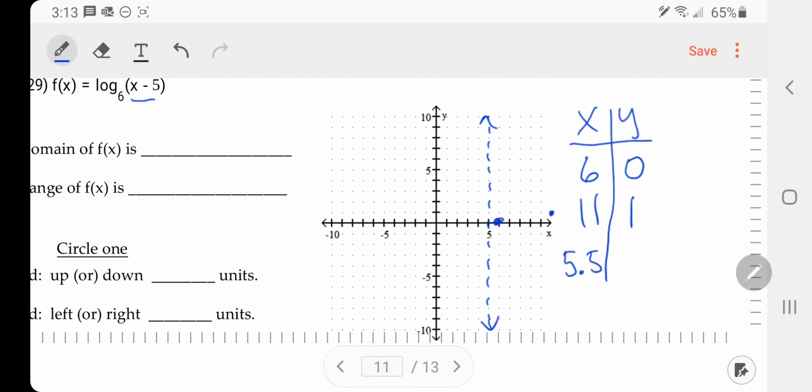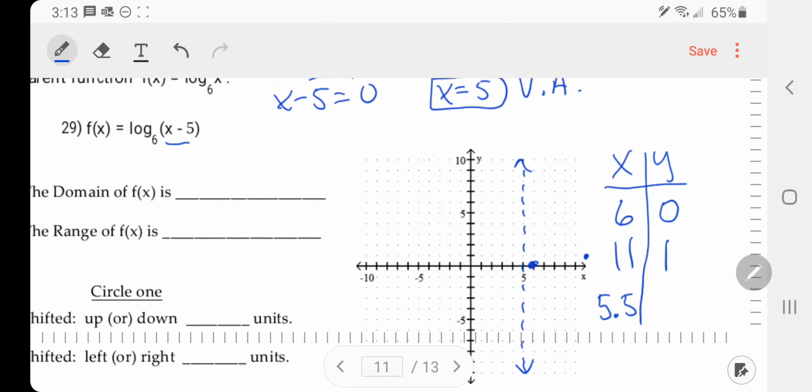Something doesn't feel right. Let me try log base 6 of 5.1. Nope, I'm missing something.